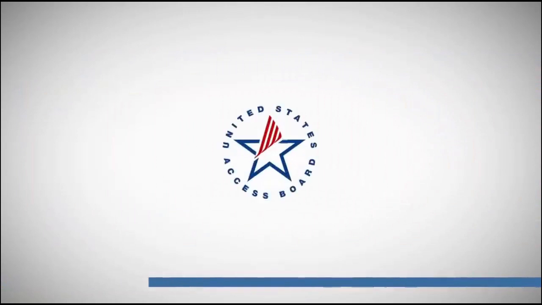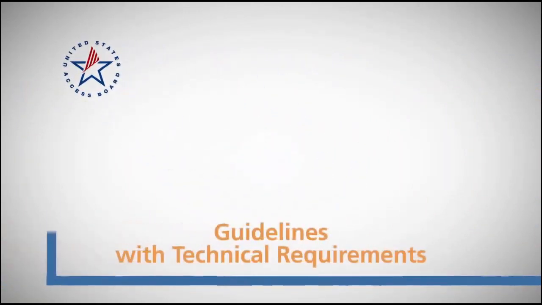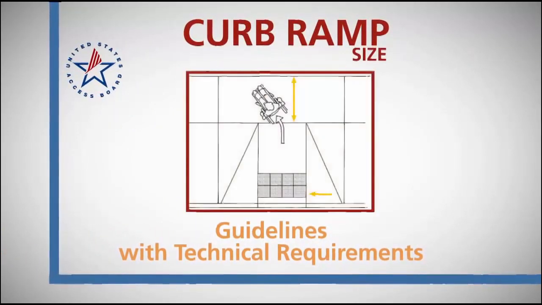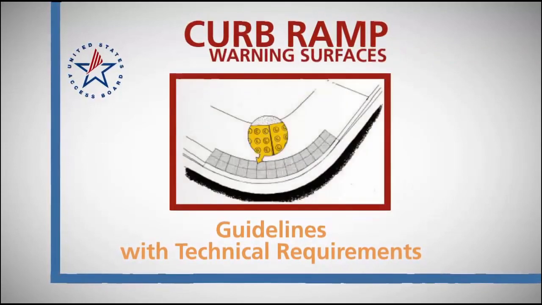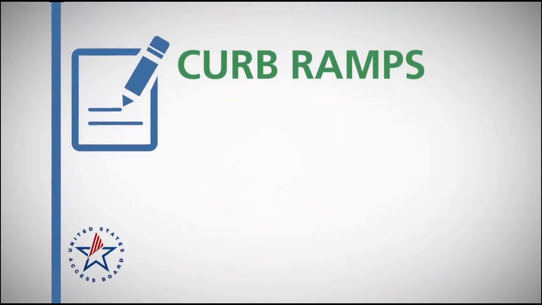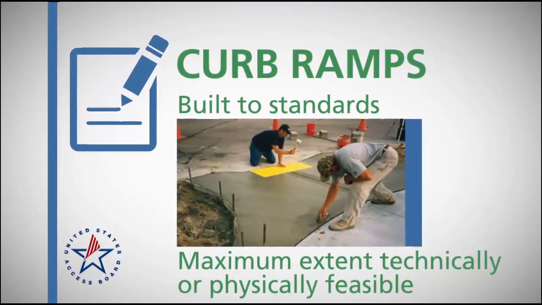The United States Access Board provides standards and guidelines with the technical requirements for accessible pedestrian facilities. Curb ramp location, size, shape, and detectable warning surfaces are critical details. A curb ramp must be built in accordance with the standards to the maximum extent technically or physically feasible.